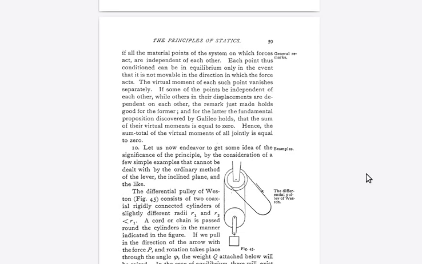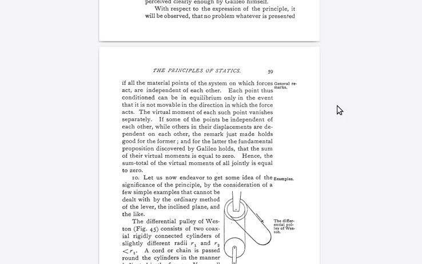Each point thus conditioned can be in equilibrium only in the event that it is not movable in the direction in which the force acts. The virtual moment of each such point vanishes separately. If some of the points be independent of each other, while others in their displacements are dependent on each other, the remark just made holds good for the former, and for the latter, the fundamental proposition discovered by Galileo holds, that the sum of their virtual moments is equal to 0. Hence, the sum total of the virtual moments of all jointly is equal to 0.